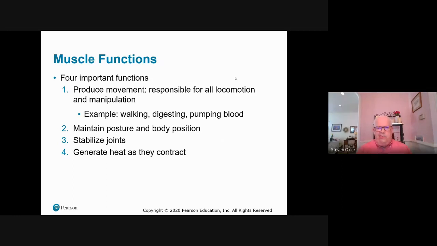So when you say they produce movement, it's not only walking, it's digestion of food and the propulsion of food from your mouth to your anus. And also they pump blood. They also maintain your posture and body position. They stabilize joints and they generate heat because they use ATP as they contract.